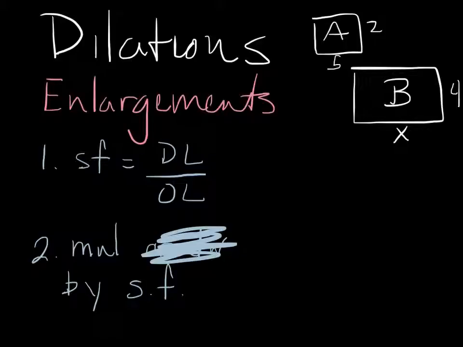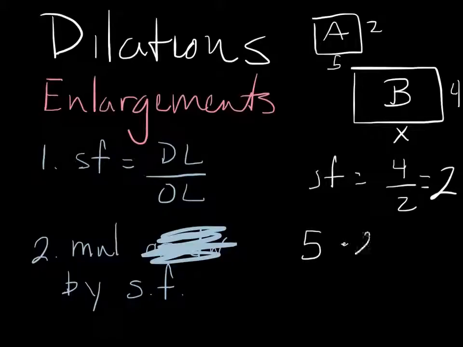So I'm going to use the dilated length. My scale factor is going to equal 4 over 2, my dilated length over my original length, which is 2. Then I'm going to multiply the 5 by 2 to find out my missing length, which is 10.